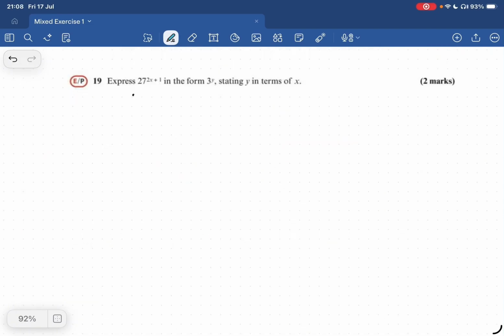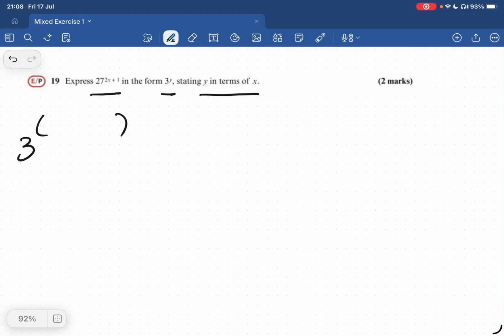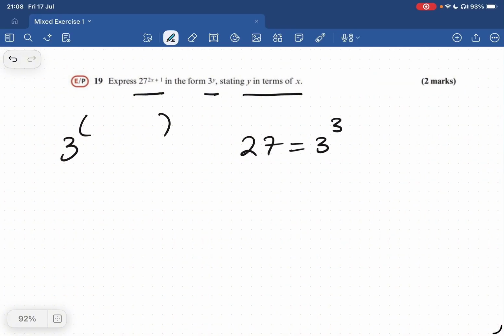Here we have 27 to the power of 2x plus 1. We need to write it in the form of 3 to the y, so y in terms of x. So we need 3 to the power of something. Well, we know that 27 is 3 cubed, right? 3 times 3 is 9, times 3 is 27.